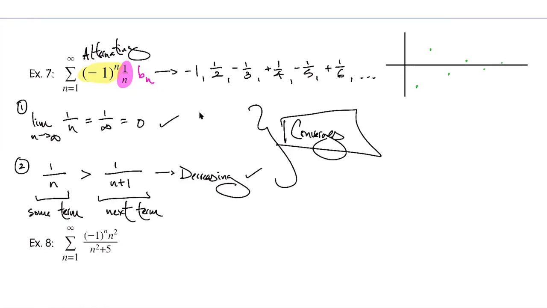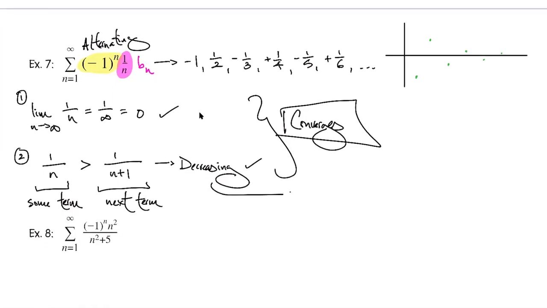So if some term is always bigger than the next term, then it's going to be decreasing. It might be helpful to think about decreasing as a sub n has to be greater than a sub n plus 1. So all I did was plug n into the equation and n plus 1 into the equation.